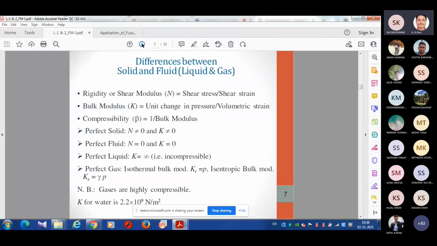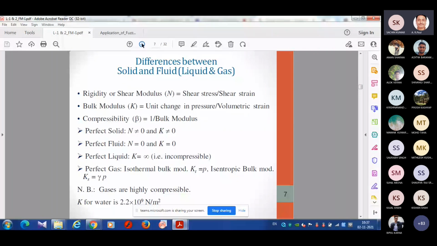Then compressibility. As compared to bulk modulus, compressibility is a frequently used term. We may also use this term for fluid. Compressibility is the reciprocal of bulk modulus, so this will be volumetric strain divided by unit change in pressure.